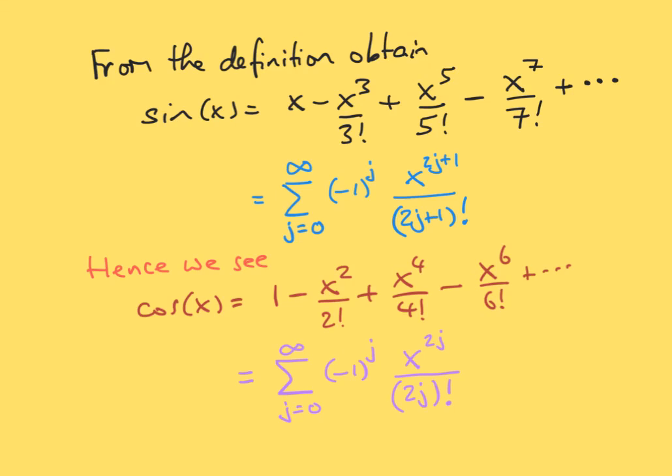So this factorial is the same number as we have in the power, and these alternating signs mean we start with a positive value, and then it's negative, positive, negative, etc.